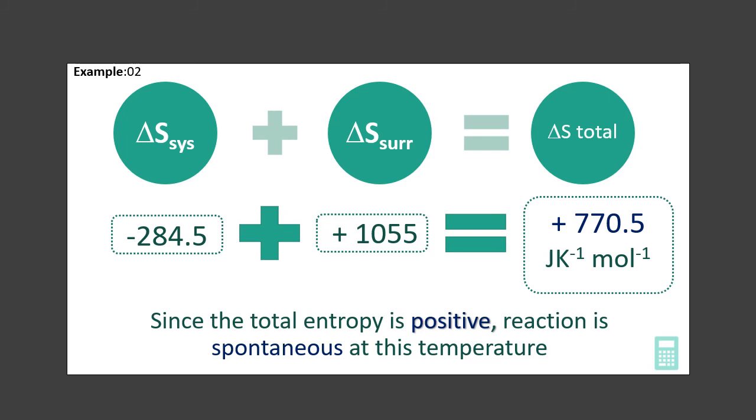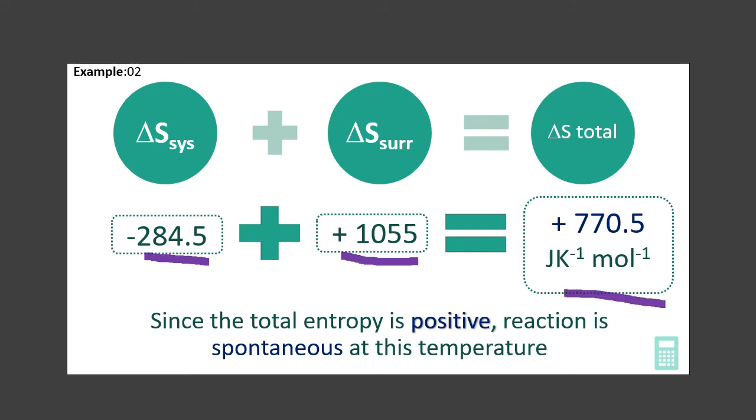As I mentioned earlier, the relationship between entropy change of surroundings and temperature, we will see details of it in the next lesson. Furthermore, we can say that although the entropy change of the system was negative, the entropy change of the surroundings was a large enough positive value, or the magnitude of delta S surroundings was greater, to give a positive value for our total entropy.